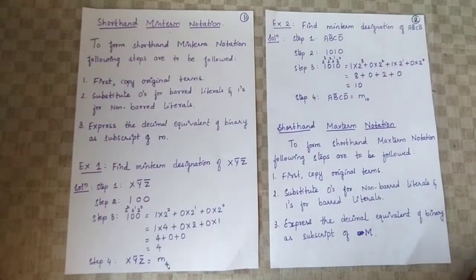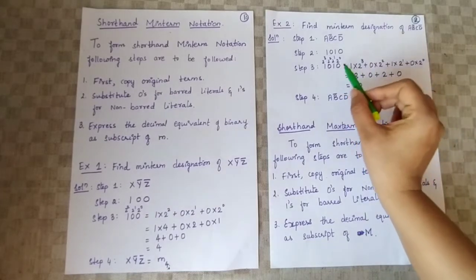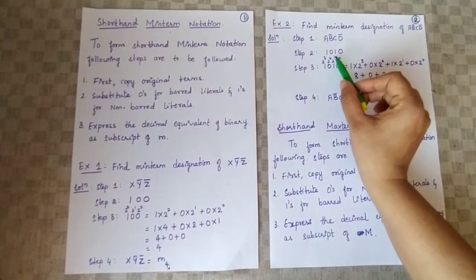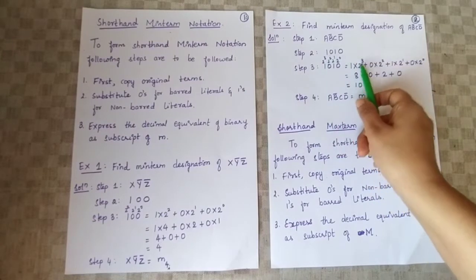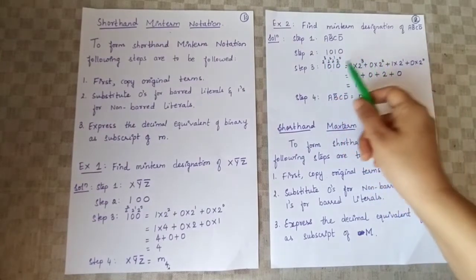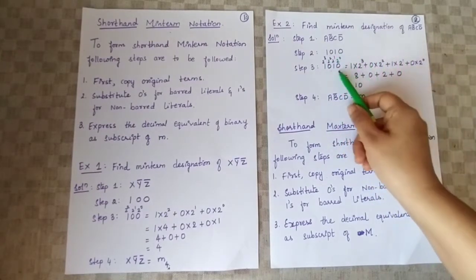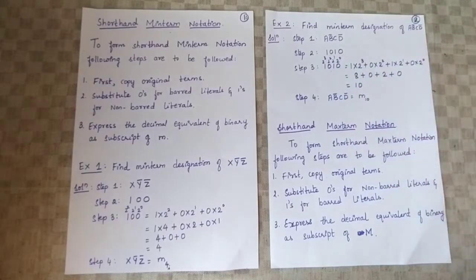Next, this binary value has to be expressed in decimal form. So it is 1 0 1 0. Take powers of 2: 2 raised to 0, 2 raised to 1, 2 raised to 2, 2 raised to 3. Now convert. Take 1 into 2 raised to 3 plus 0 into 2 raised to 2 plus 1 into 2 raised to 1 plus 0 into 2 raised to 0.